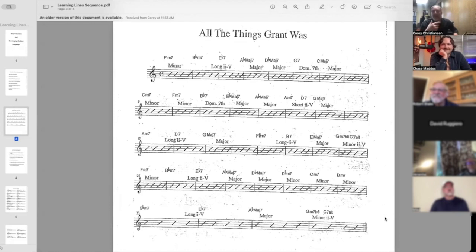And I did this book on Grant Green, and it was super fun to do. It took about 5 months, and I transcribed, this sounds ridiculous, but I transcribed 15 albums of Grant Green solos. And really, with Grant Green, I probably could have just done like 5 solos, and I would have had all the language that I actually needed, because Grant Green's one of my all-time top 5 favorite guitar players.